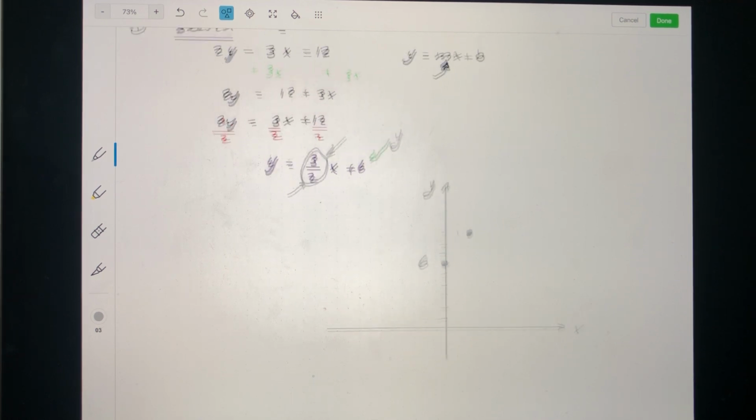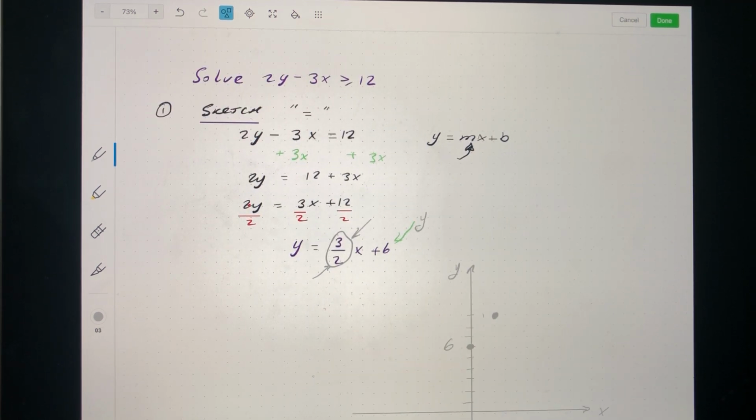Now we have to decide whether to connect these with a solid line or dotted line. If our original inequality has an equal sign in it, such as greater than or equal to or less than or equal to, then we connect our dots with a solid line. And that means that we're including the points on our line in the solution. If we don't have an equal sign, such as less than or greater than, then we connect our two data points with a dotted line.